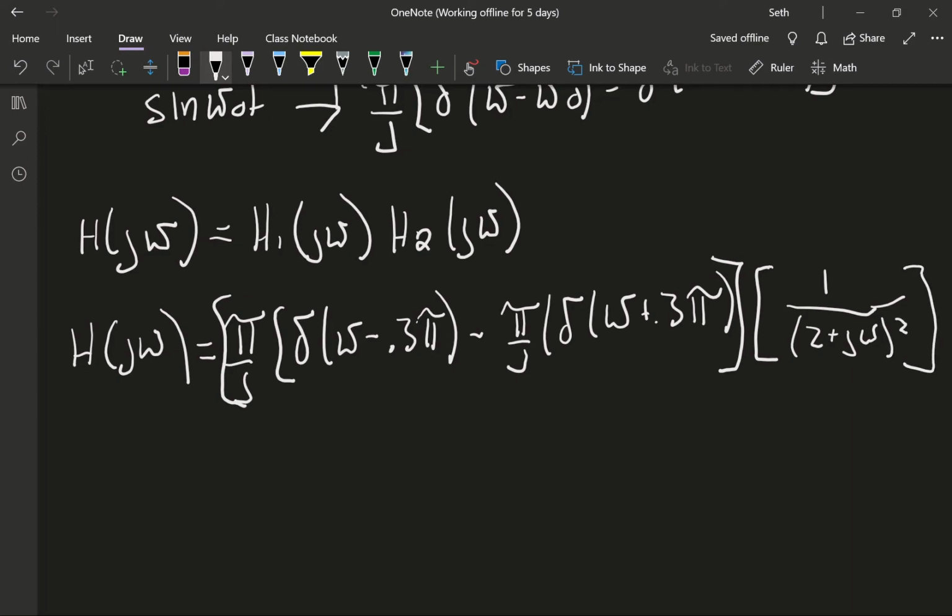Okay, we can simplify this. We know from midterm 1 material that one of the properties of the delta function is that it selects the value of the function it's being multiplied with, specifically right here, H1 of j omega. It selects the value of it only at, in this case, since we're in the frequency domain, omega naught.